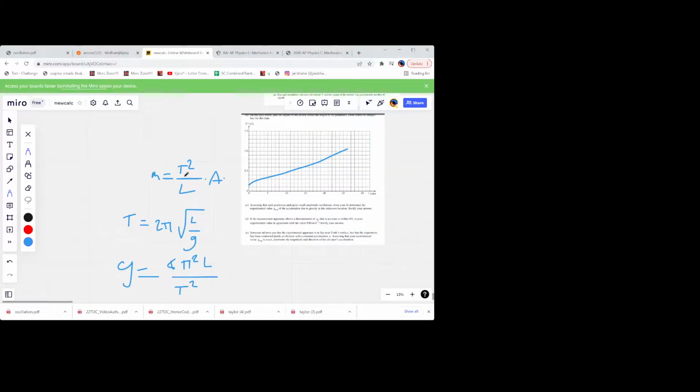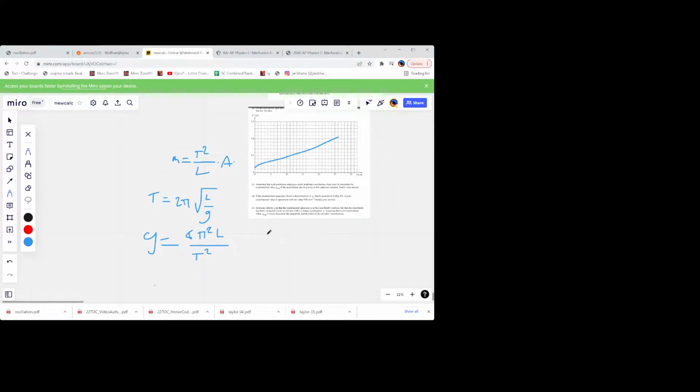Since our slope is T squared over L times A, the A is like whatever. But our slope, if we take 1 over the slope, okay, 1 over the slope, then we will get our g.